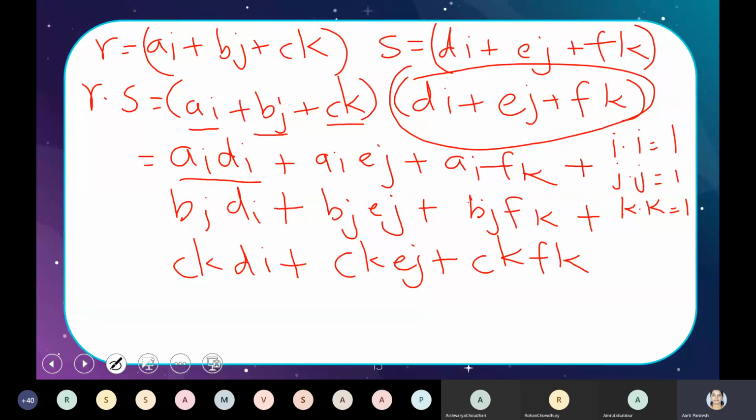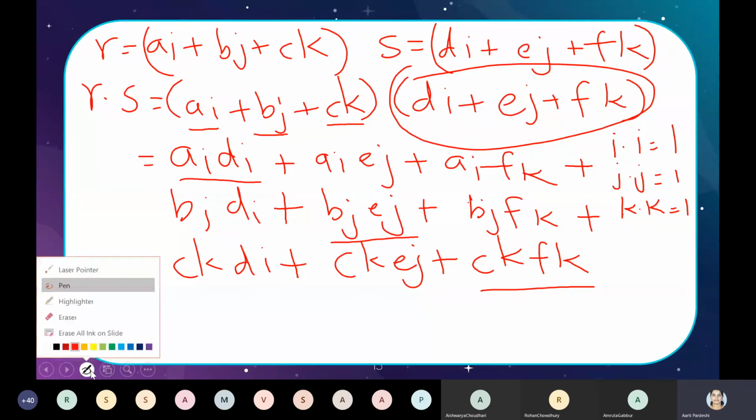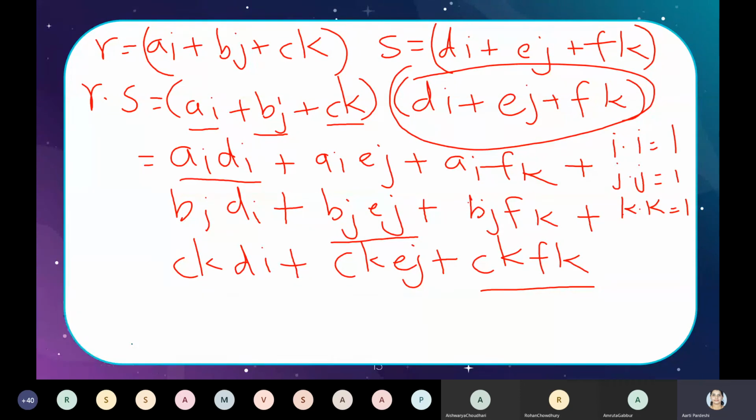So you can observe from these terms, only these 3 terms are going to remain. Let me take the other color. Only these terms where I, I, J, J and K, K are there are going to remain. What will happen to the rest of the terms? I into J is 0.